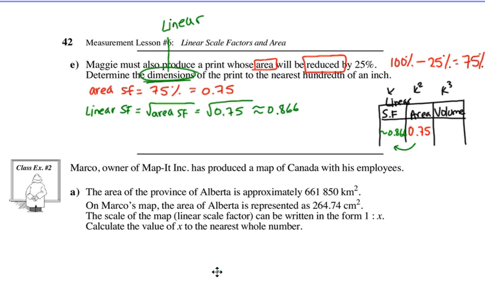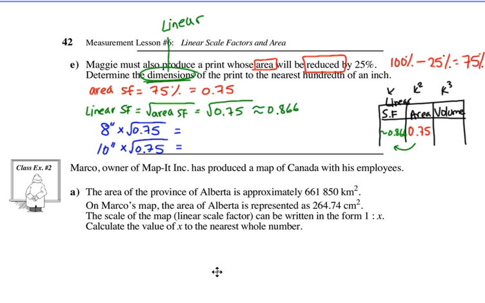Remember, our original dimensions were 8 by 10. So to get my new measurement, it was 8 inches times our linear scale factor, which is about 0.866. We could also just multiply it by the square root of 0.75 if you want an exact answer.